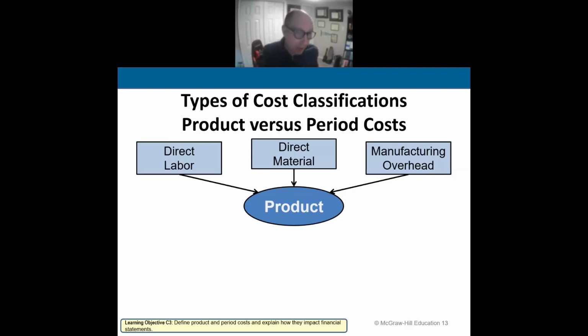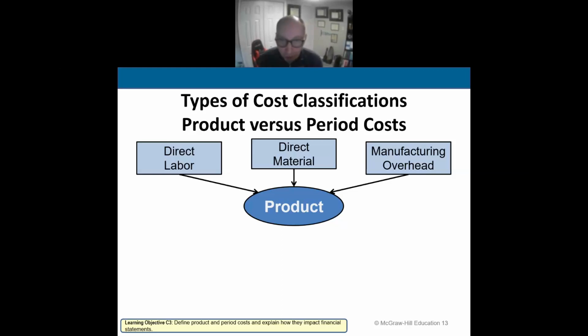And then I have manufacturing overhead. Manufacturing overhead includes the indirect costs. It includes things like the factory rent, the supervisor's salary, the insurance, the utilities, factory overhead. Overhead is kind of like a catch-all, right?